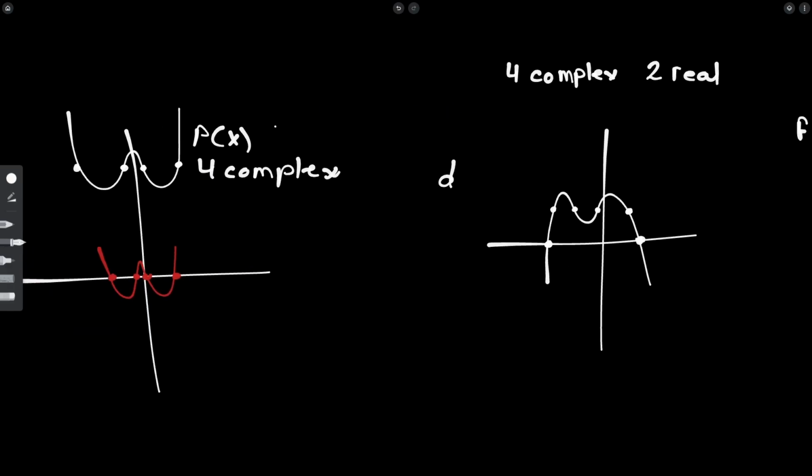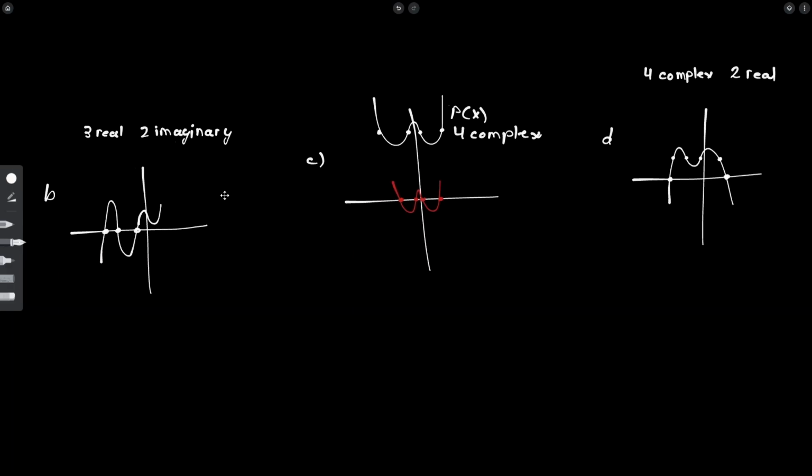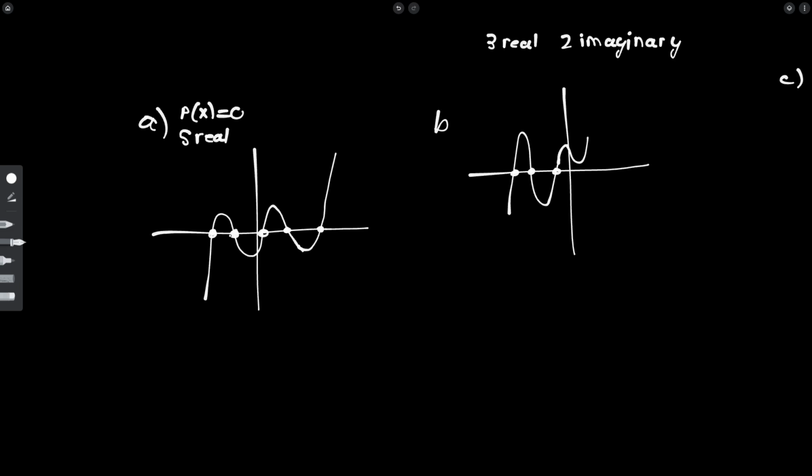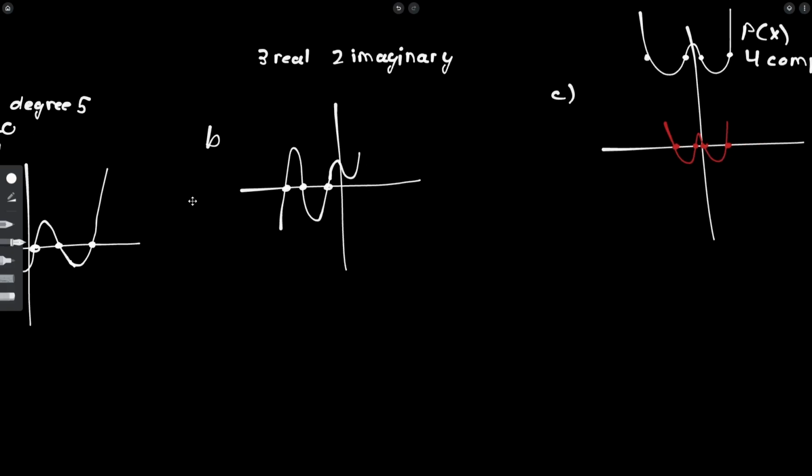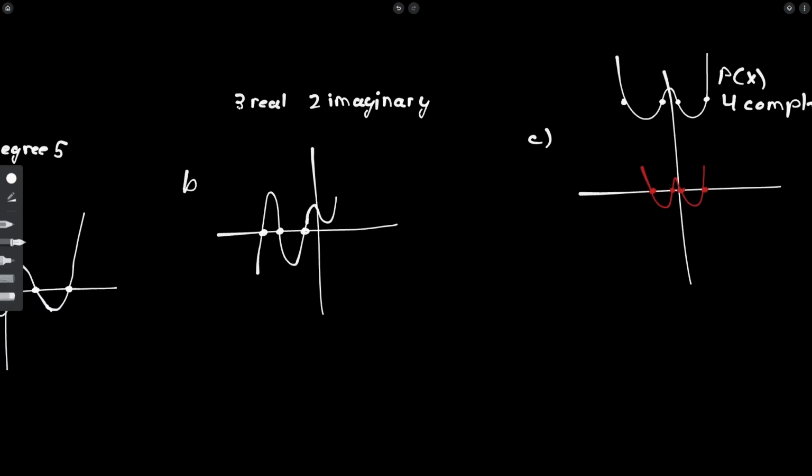So all we need to do to find the degree of any of these functions is to count how many solutions there are. So for part A, this has 1, 2, 3, 4, 5 roots, so it has a degree of 5, and you cannot go less than that because once it has a degree of 4, there's only going to be 4 solutions here. For B, we have 3 real and 2 imaginary, so this must also have a degree of 5.